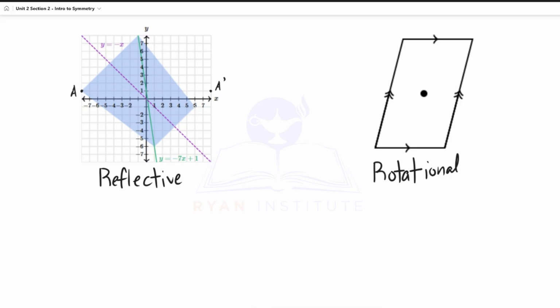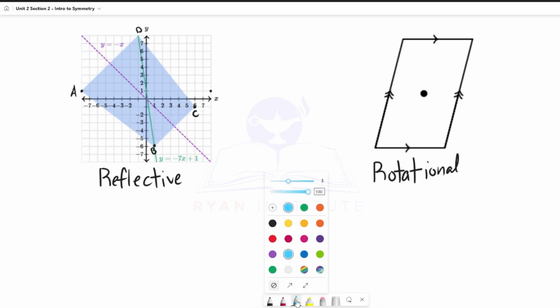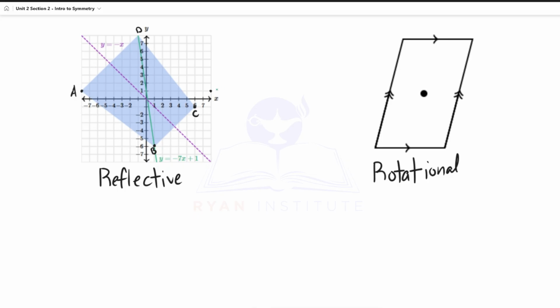So A, B, C, D. And we'll make this a different color to make it more apparent. We're going to make this that green color. So we said this was going to be A prime. It moves the same distance from the original point.